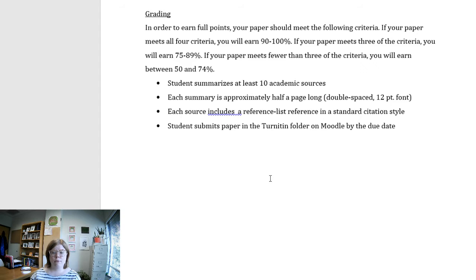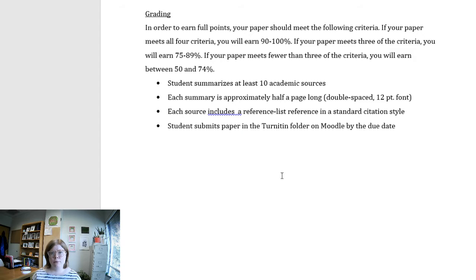You should include a reference for each source in a standard citation style, and you should submit your paper on time. If you do all 4 of those things, you'll earn an A grade. There's some wiggle room between 90 and 100%, maybe you do a really great job, and maybe you only technically meet the criteria. So if you only technically meet the criteria, you'll probably get about a 90, a 93.